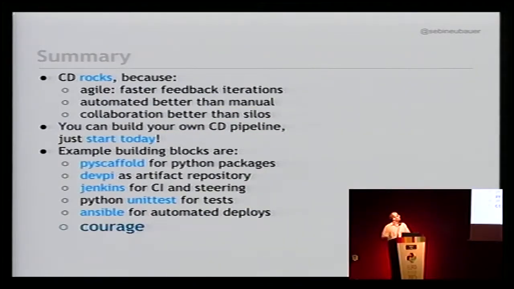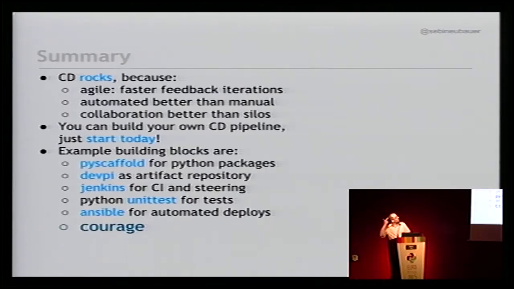So, a really short summary: CD rocks, it's cool. With agile, we have faster feedback from the customer, so we don't lose money. Automated is better than manual, collaboration is better than silos. You can do it, just start.